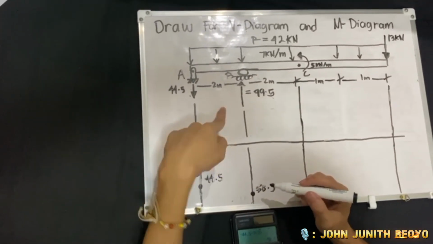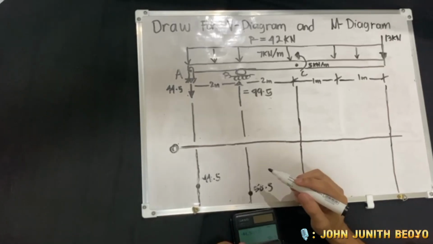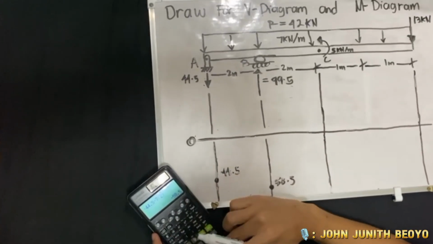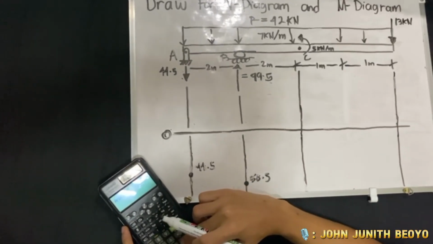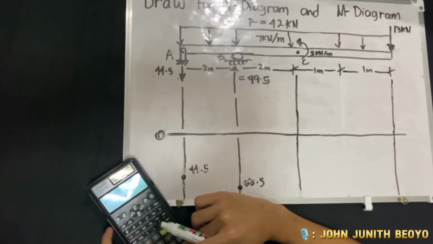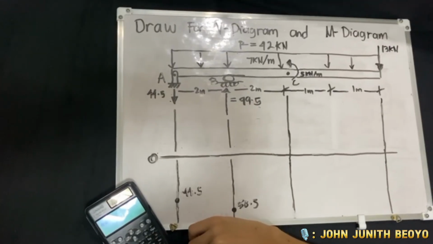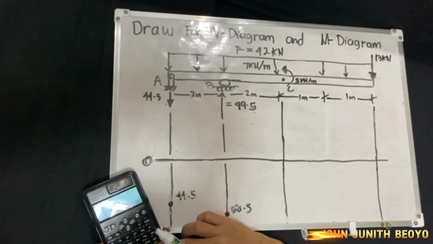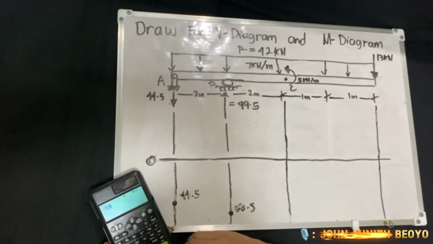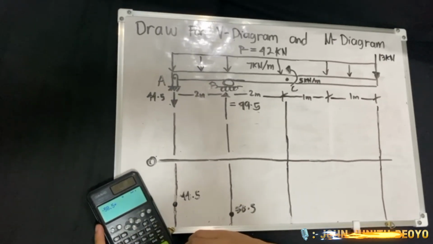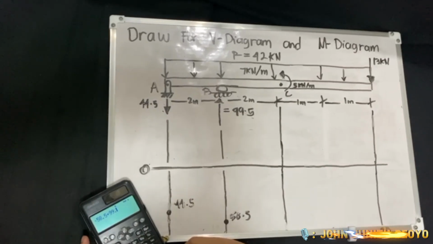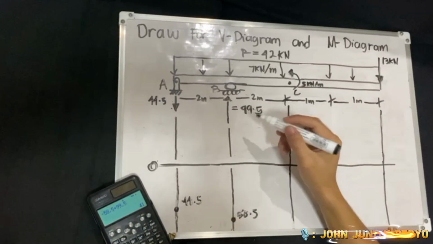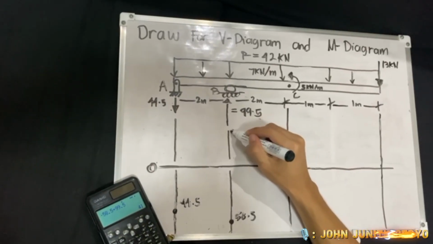You notice we have an upward reaction, the load reaction of the roller support. Negative 58.5 plus 99.5 is positive 41.